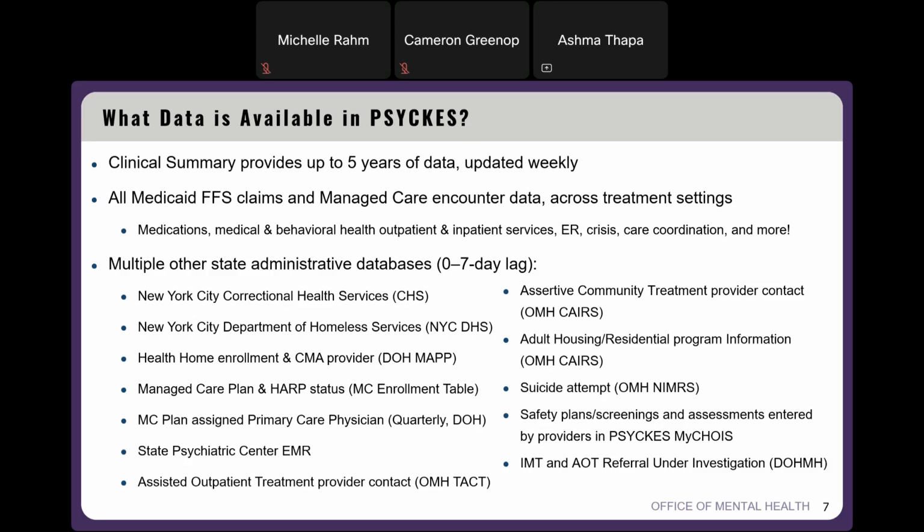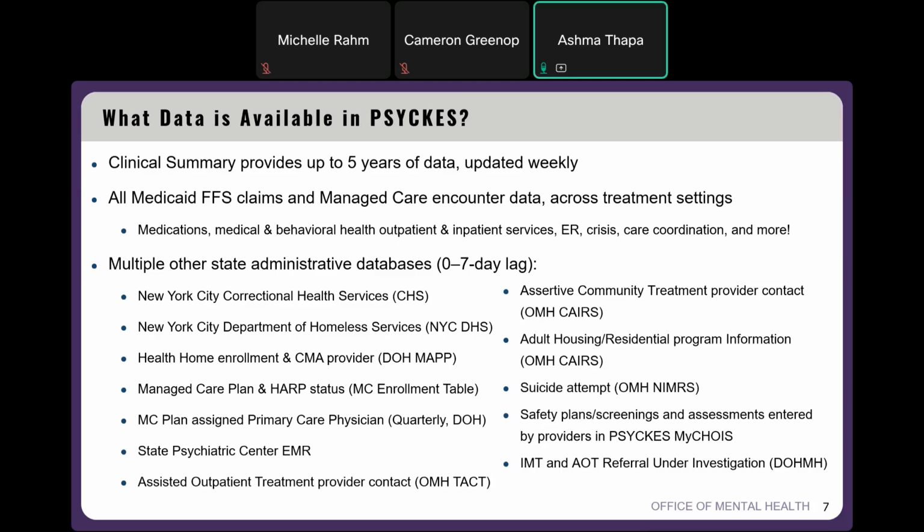So we have the name and the contact information for the health home as well in our application. If somebody spends some time in this state psychiatric center, we have the state psychiatric center electronic medical record, so the EMR data feeding into PSYCKES. We have assisted outpatient treatment provider contact, ACT information, residential and adult housing program information coming in from CARES.